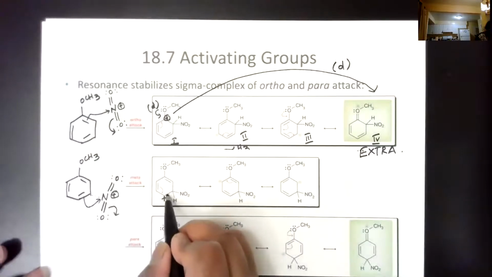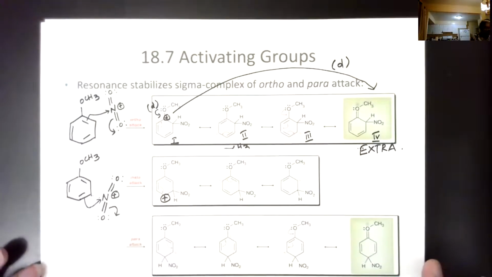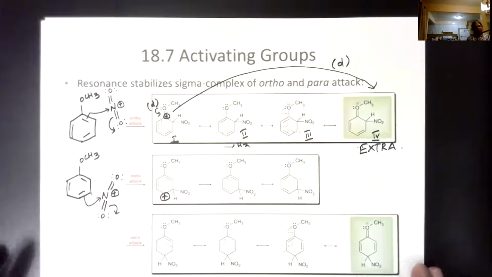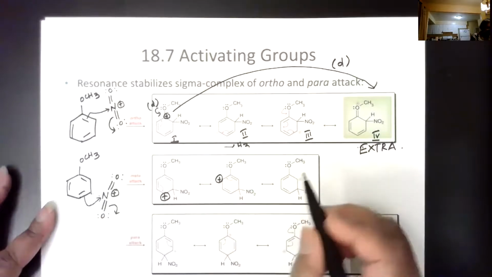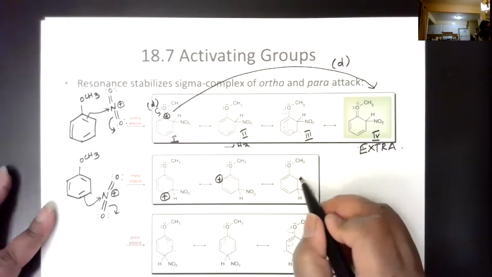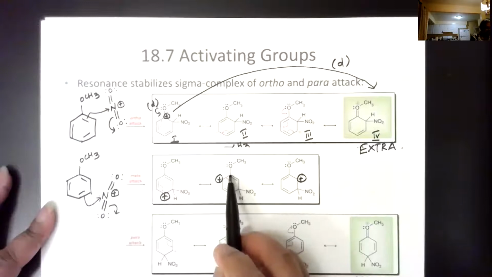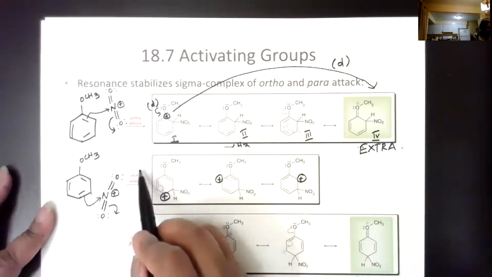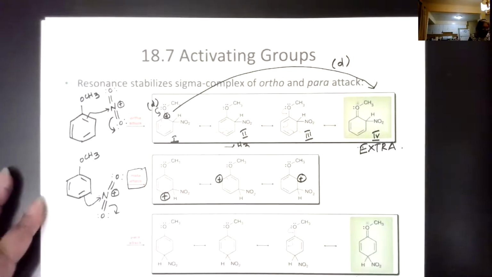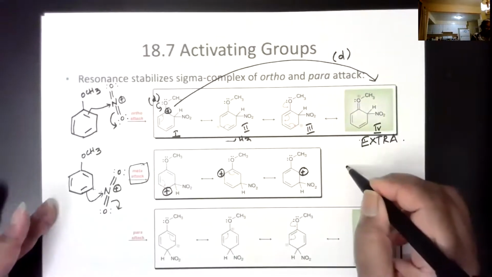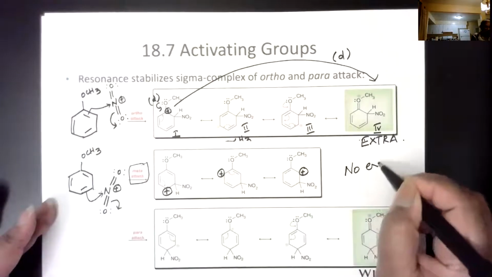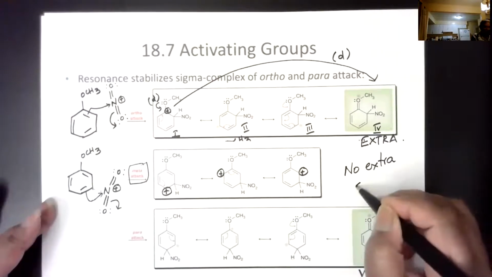The positive charge is created there. Now, like with any other meta attack, you see this positive charge evades being at that position. The positive charge is never there when you have a meta attack. So then that extra structure is not possible.